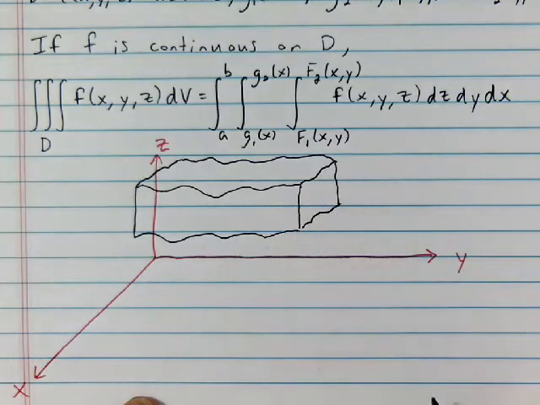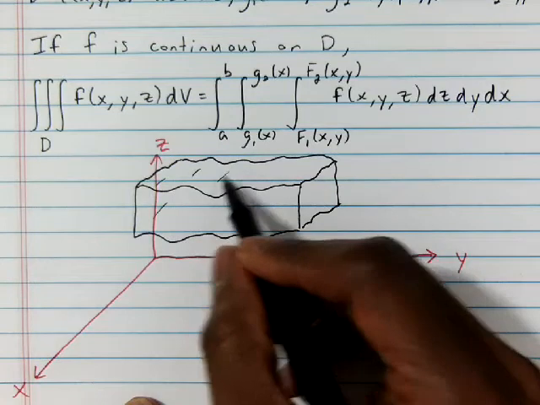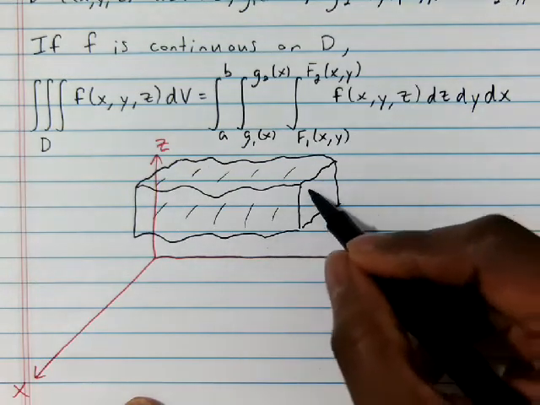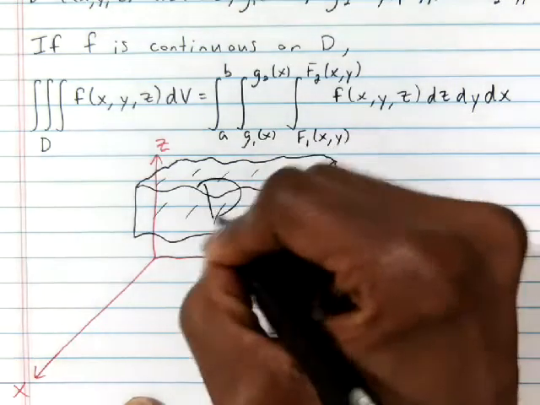This is our three-dimensional solid D, so I'm putting these little lines on here to indicate that these sides are all filled in. So this would be D.